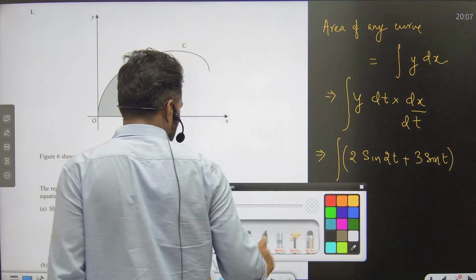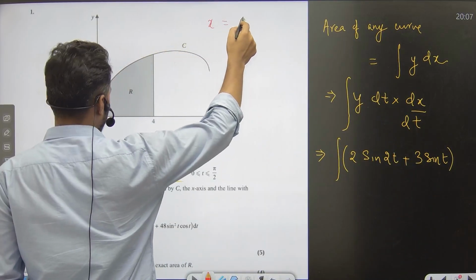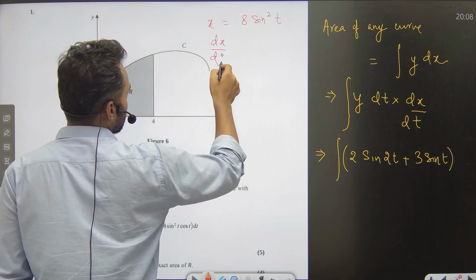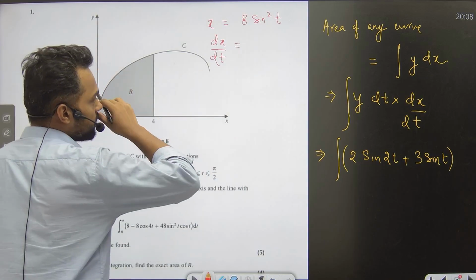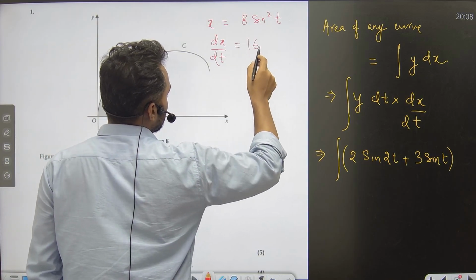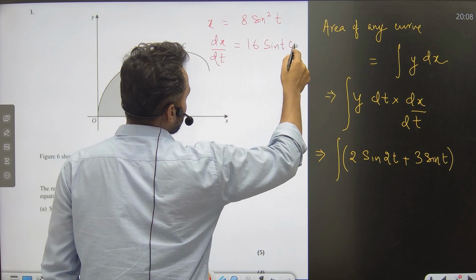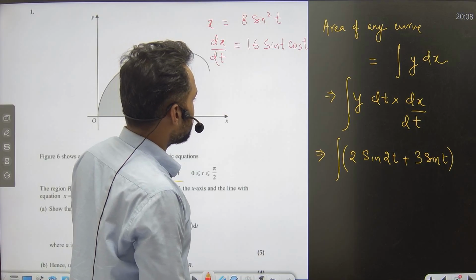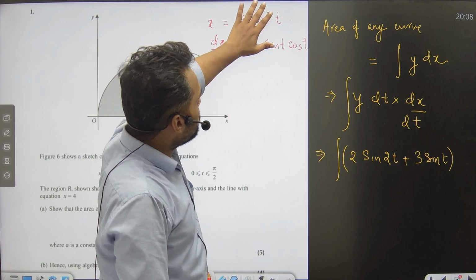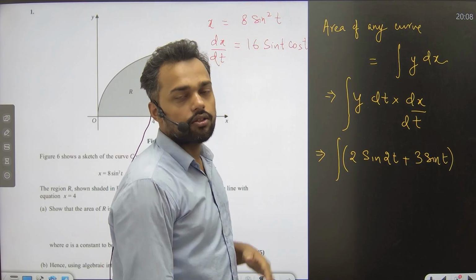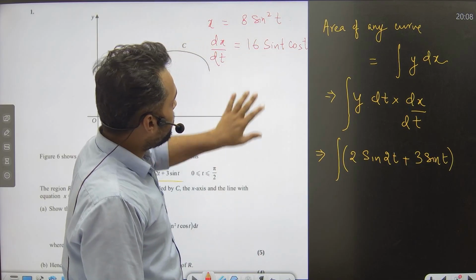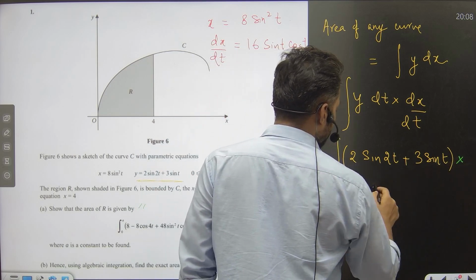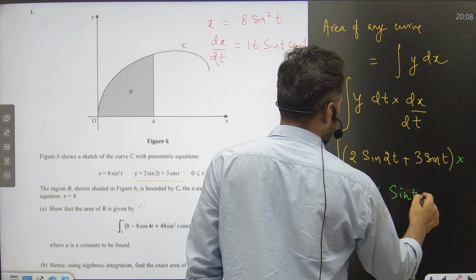Here, student, in the question they have given x equals 8 sin squared t. So if I differentiate this, dx by dt will be 8 cross 2 sin t cos t, which is 16 sin t cos t. This is the differentiation of a trigonometric function. So we write it here, cross 16 sin t cos t.